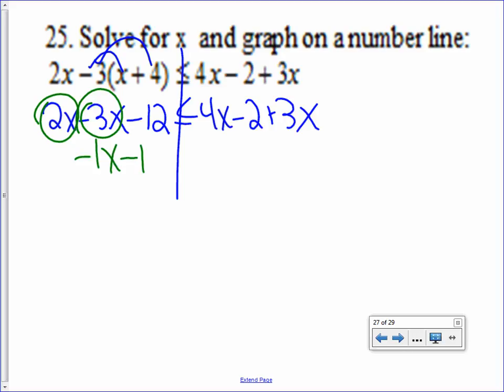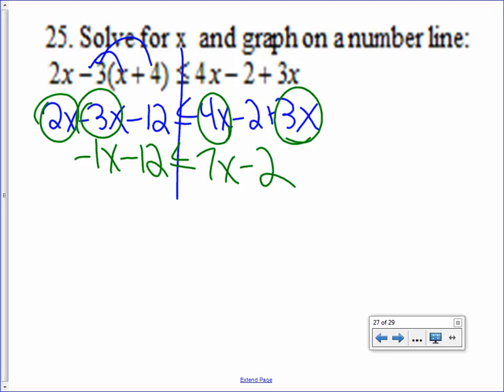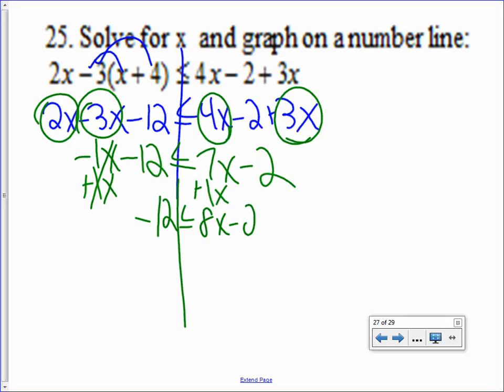That's negative 1x. On my right, positive 4x, positive 3x, positive 7x. Bring all x to one side. Move the smaller one. Isolate. Add or subtract first. Divide last.